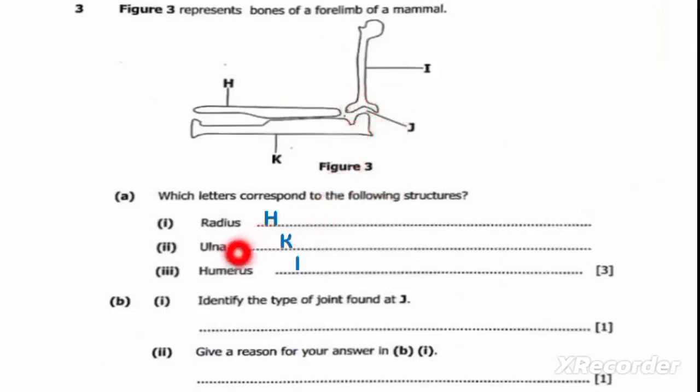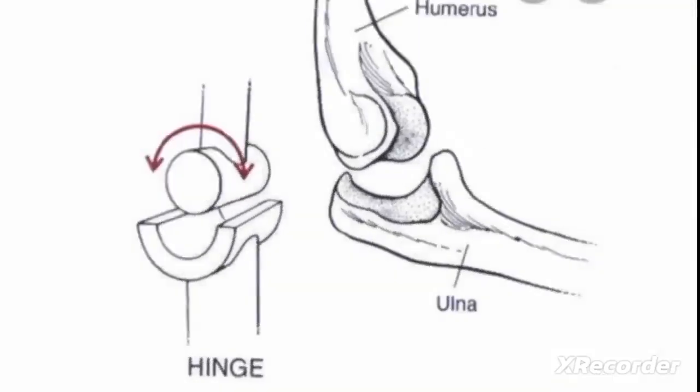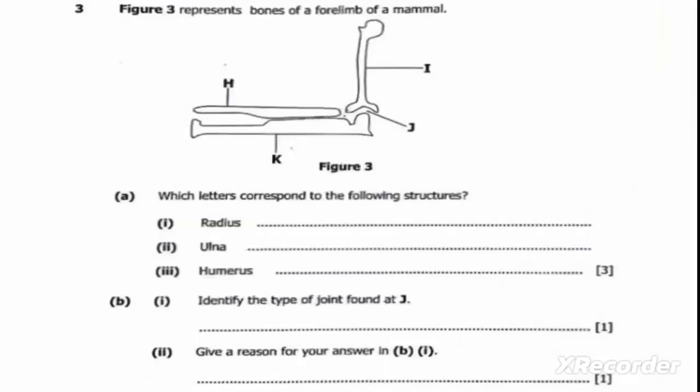Question 3b, Roman numeral 1. Identify the type of joint found at J. Looking at this joint, we said the joint between the humerus and ulna is called the hinge joint.